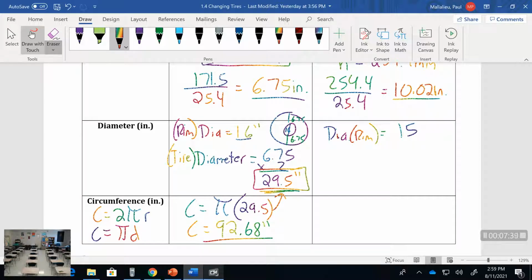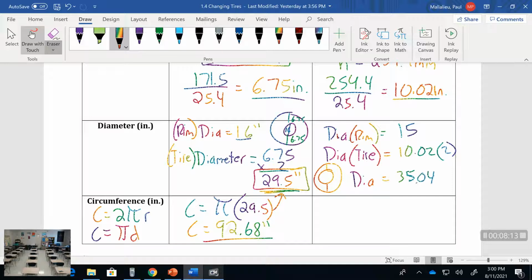All right, so the rim is a little bit smaller with these tires, and then the diameter of the tire itself, we said is 10.02, so we're going to take that and do 10.02 times 2, and then we put that all together, and our total diameter, much like this, so like you got the tire, the rim, the tire, you put that all together and our diameter is 35.04.